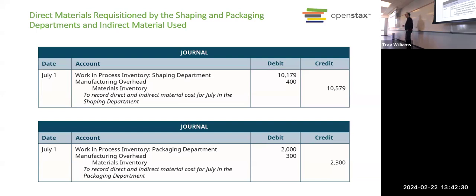Maybe those materials ended up getting scrapped. Maybe they're just too hard to measure, whatever it is. Some of them, $400 worth. We know we have the costs, but we just couldn't apply them to a particular department. Whereas here, we know that this amount of material costs is getting used by that department to make products.